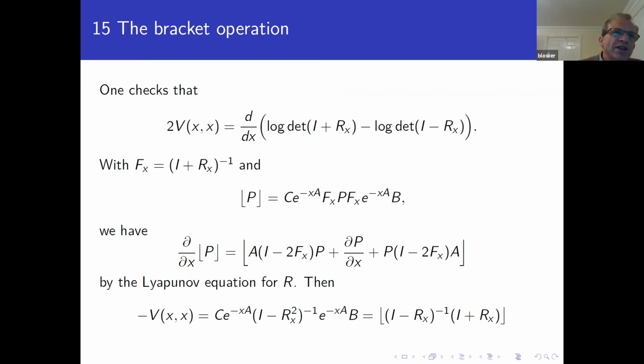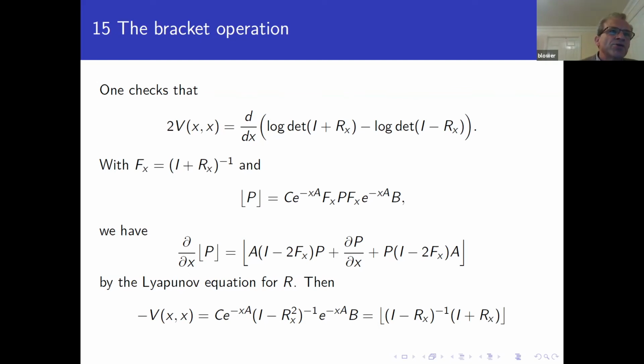When you differentiate this formula, you're basically differentiating all the terms that involve x. Obviously, you're going to get a term involving the derivative of P with respect to x when you take the bracket of P, but you've also got to watch out for the derivative terms that arise from e to the minus xA at the start and the end, and you've also got a derivative of F.